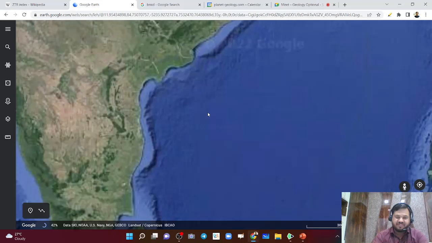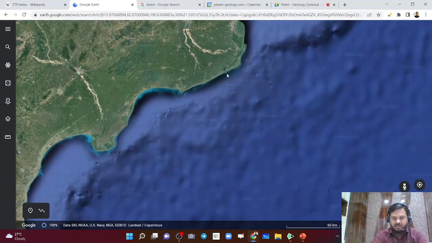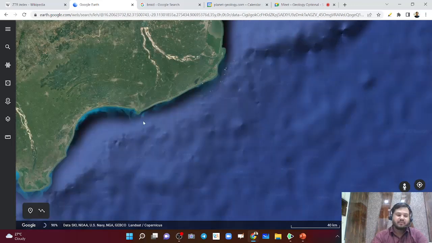The river brings a lot of sediments here, and the waves redistribute the sediment along the coast. Because of that, this smoothing of the coast is happening, right? We call it protuberance, like this is an example of protuberance which I shared.